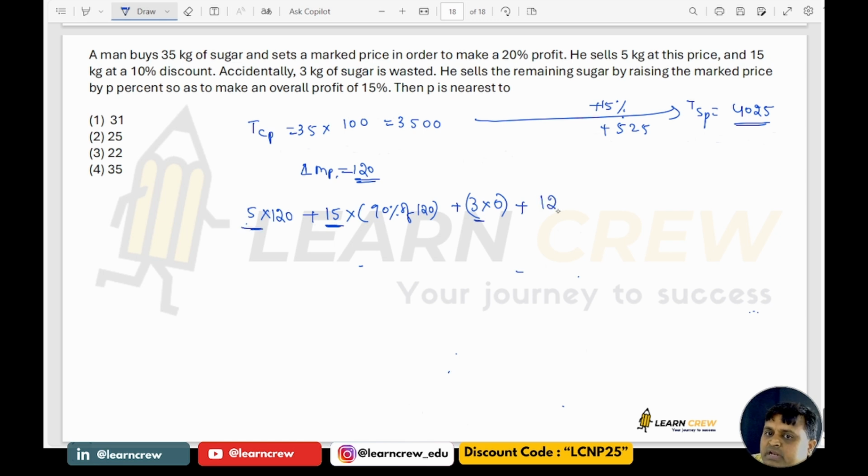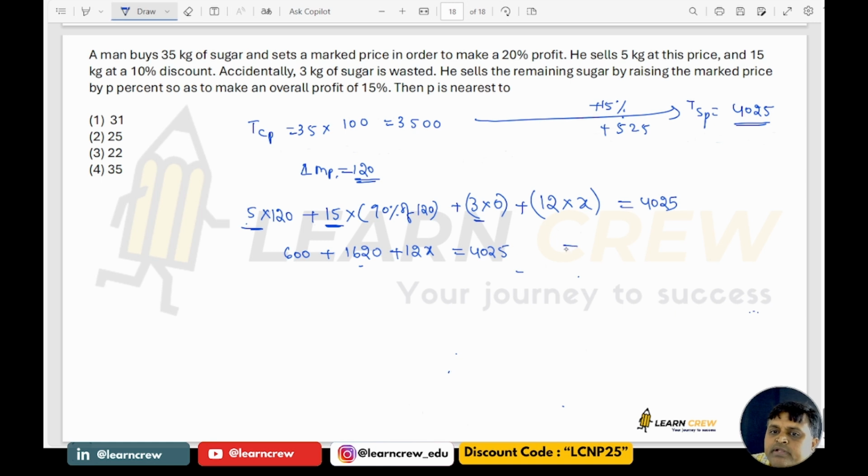The remaining 12 kgs should be sold such that overall it has to be 4025. So 5 into 120, 600. 108 into 15 is 1620, plus 12x is equal to 4025.